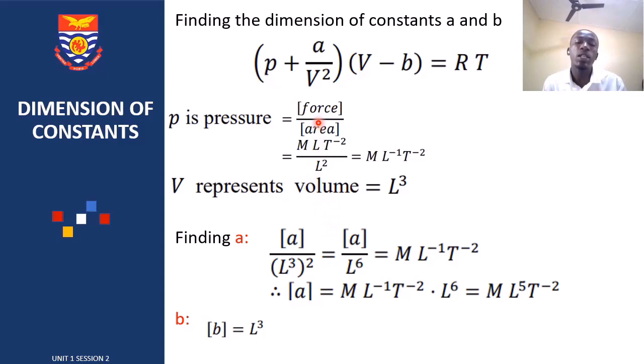We just have to find the dimension for P and also the dimension for volume before we can find the dimension for the constants A and B, as requested. Before we do that, let us understand something first. If we have 1 meter plus 1 meter, is it possible for us to add them together?